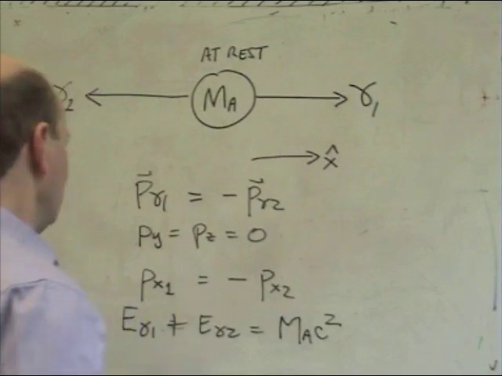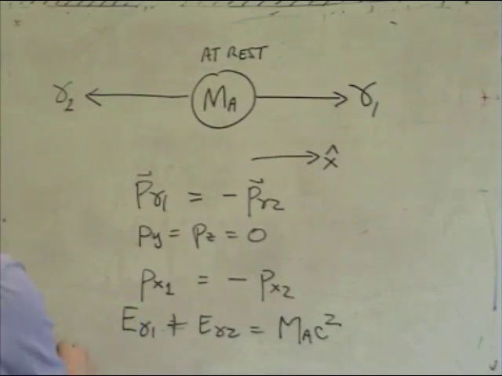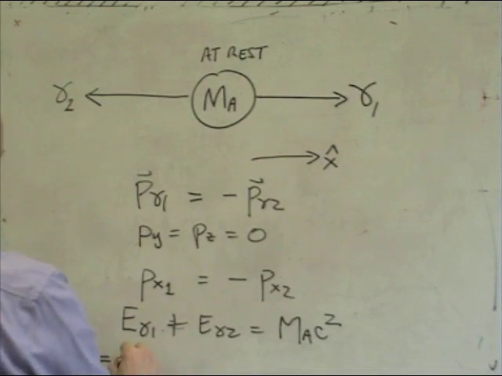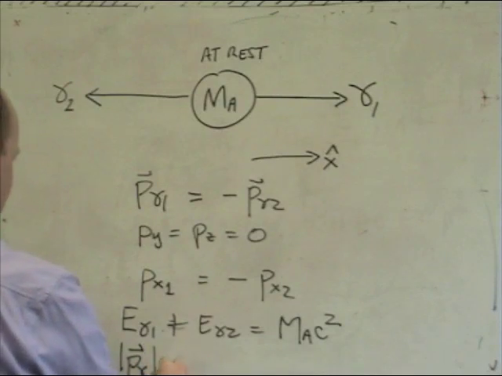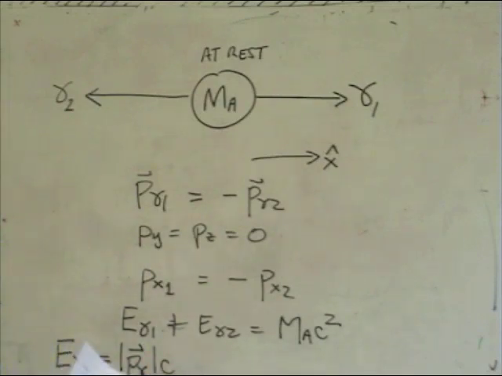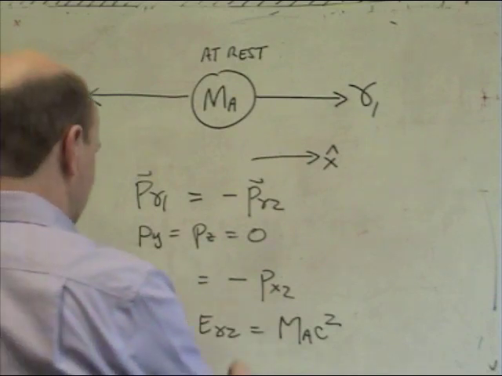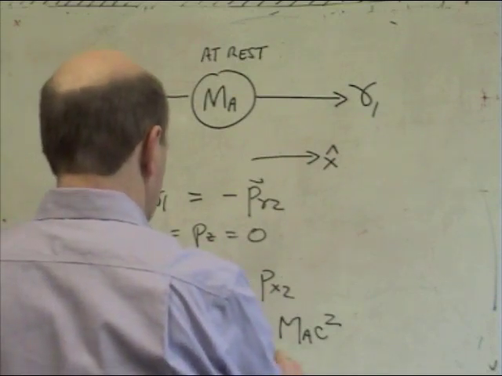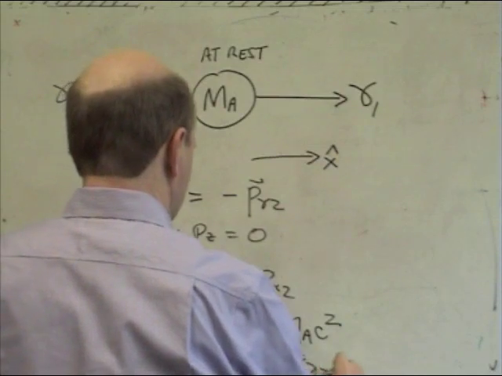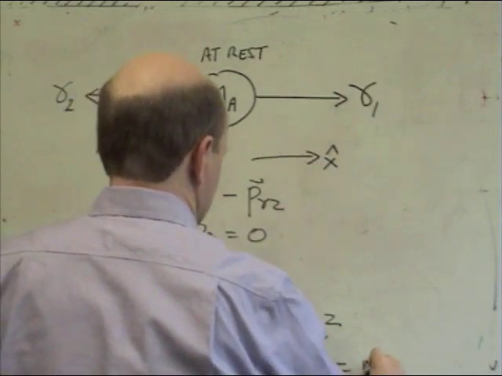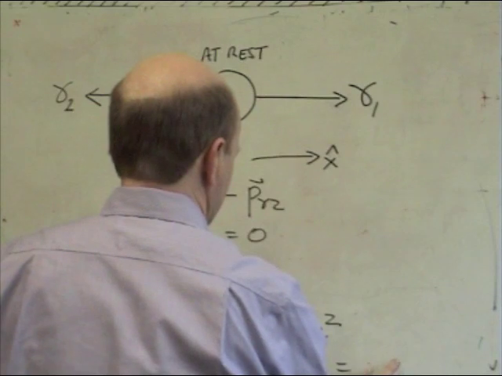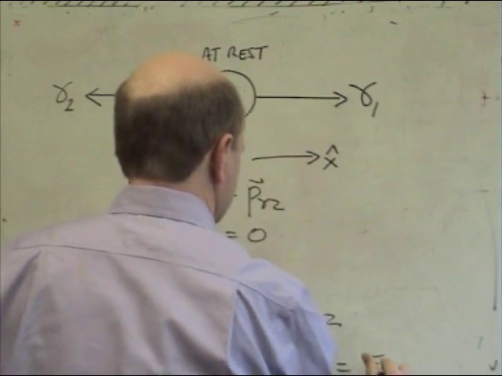But we also know that the energy of each photon equals the magnitude of its momentum times c, and since the magnitude of the momenta of the two photons are equal, that means that E gamma 1 equals E gamma 2, which equals, well, we'll just call it E. Right?